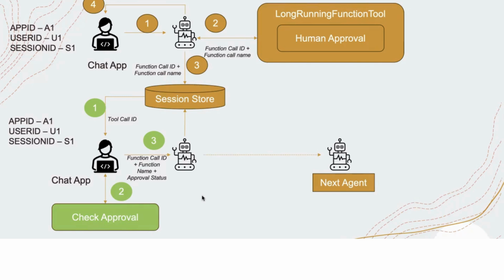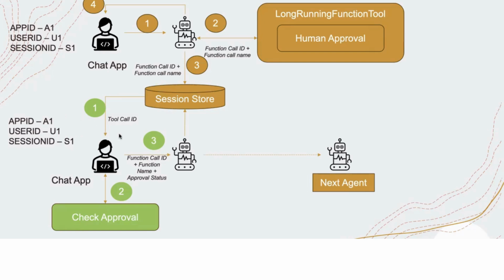So this completes this interaction. Now, to follow up, the chat application starts another interaction, but now it needs to go to the session store and retrieve the same session with the app ID, user ID, and the session ID, which we already stored in the session store. The same session needs to be retrieved.